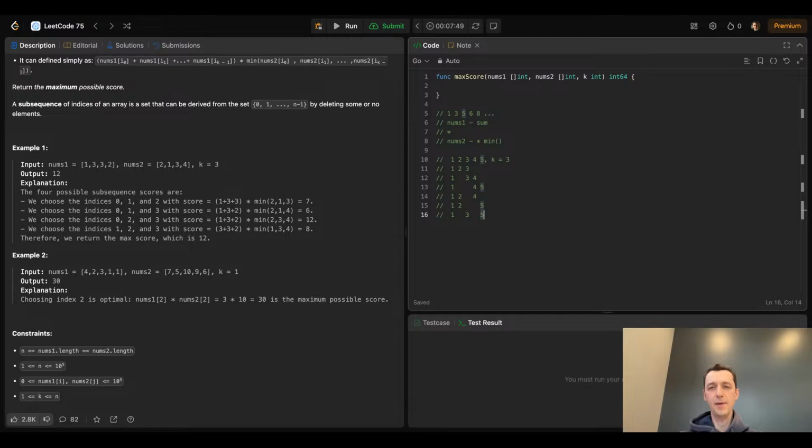With 1 being used. Yeah, 1, 2. That one is used. So 1, 3, 5. Then we're gonna have this 1, 4, 5, already taken.